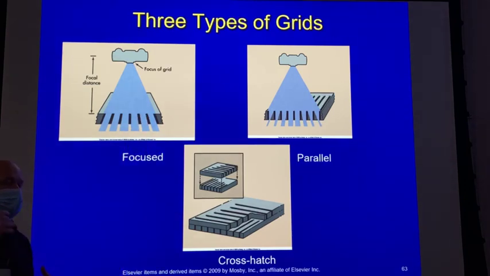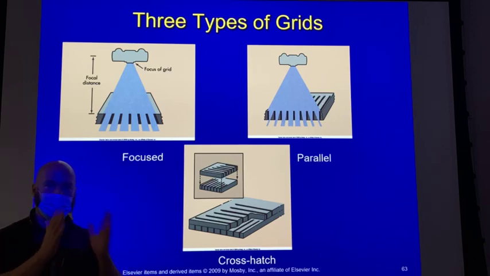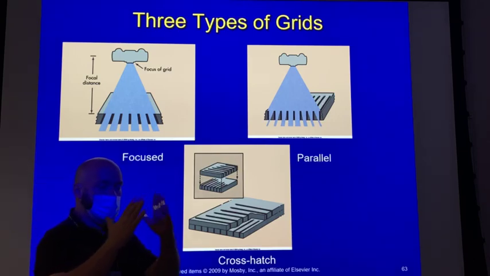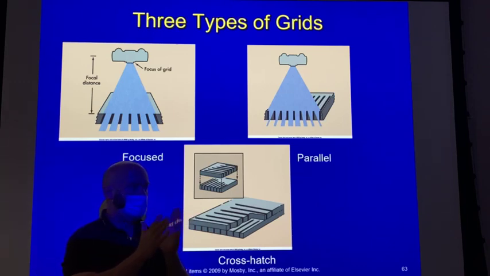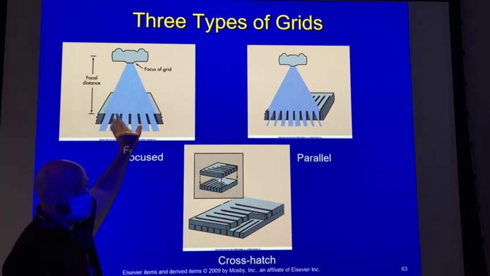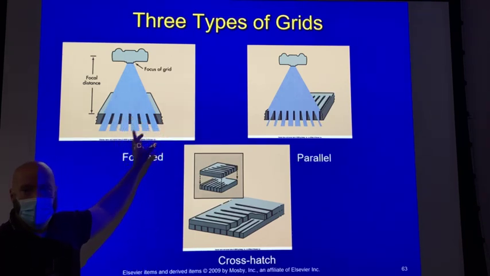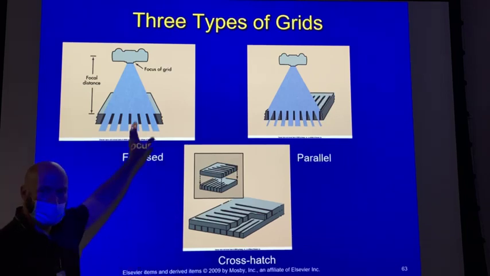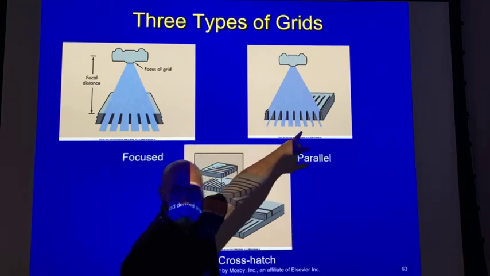If instead you use 100 inches, for whatever reason, you've got a 12-foot SID, same thing's going to happen. You're going to have very limited divergence off of that increased SID, so you're going to have grid cutoff in the periphery in both of those cases. You're going to have grid cutoff in the center? No, you're not going to have any kind of grid cutoff in the center because that's a parallel grid, right?